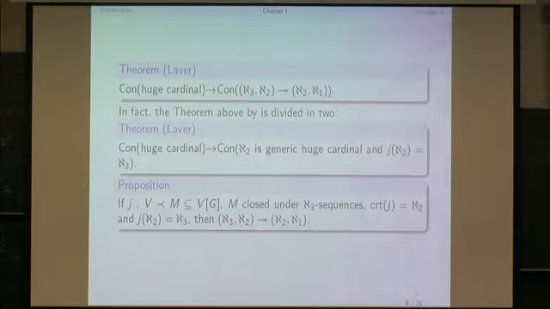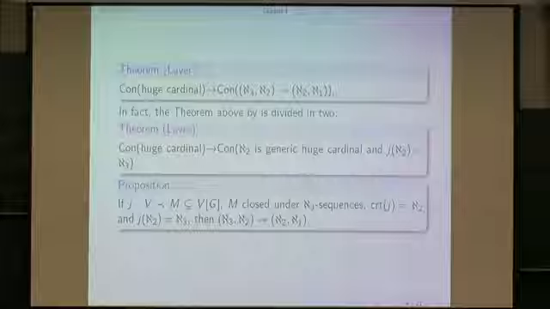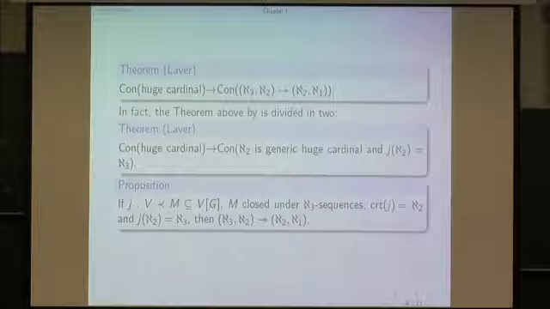So, well, let me write it down for the future. So we have huge implies, consistency-wise, generic huge. That implies, let me call it 2-Chang.